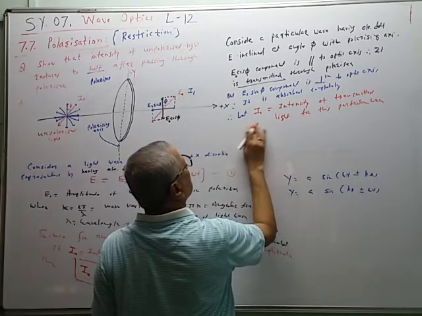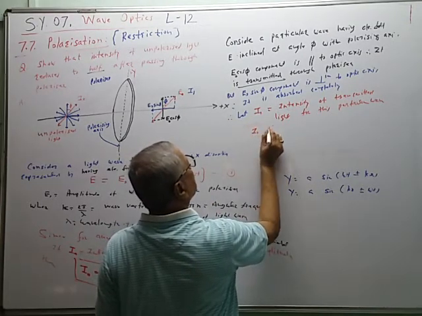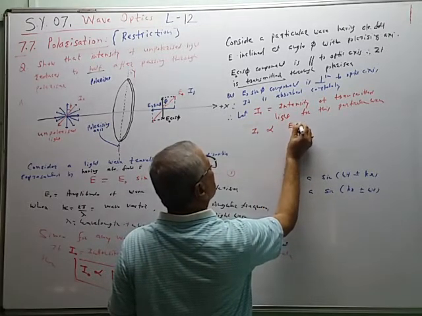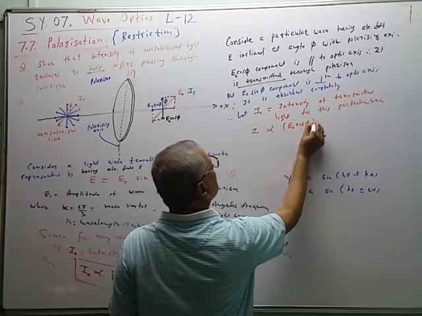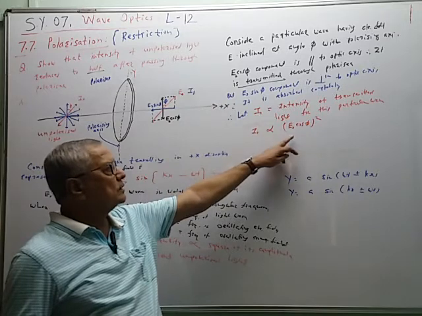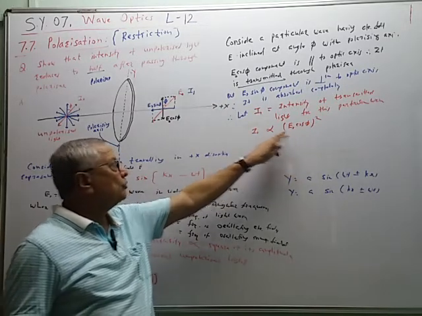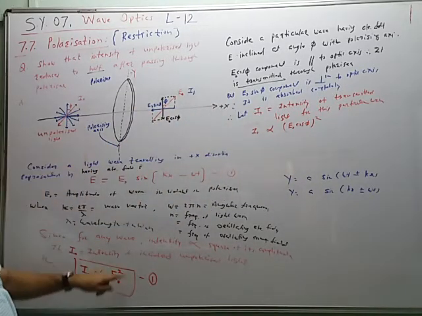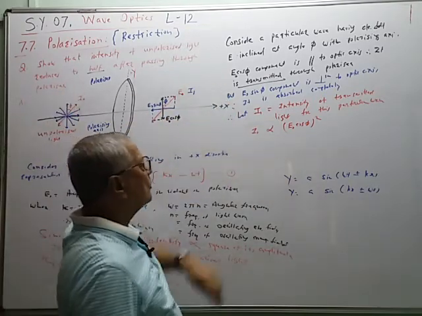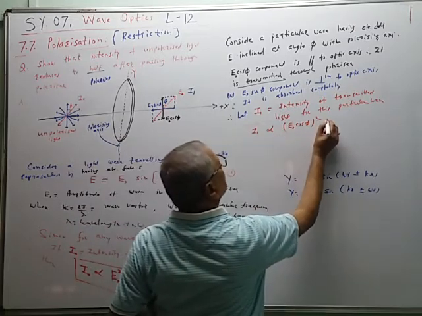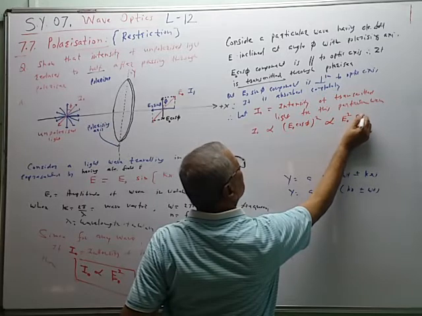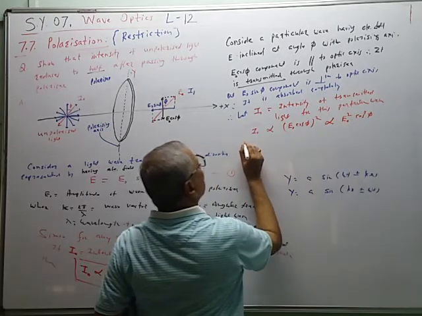Therefore, I1 is directly proportional to (E0 cos phi) square. This E0 cos phi is nothing but the amplitude. So for the incident wave, the amplitude is E0. For the transmitted wave, for this wave, it is E0 cos phi. So this is E0 square cos square phi.